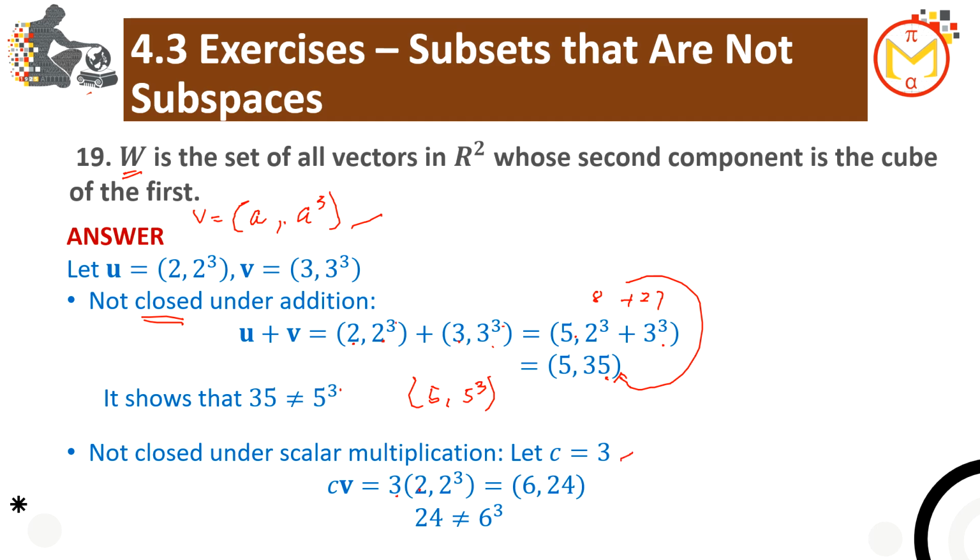You multiply by 6. 2 cube is 8 times 3, that's 24. If that will be 6, you should have the form 6, 6 cube. But this one, 24, is not 6 cube. So it does not hold. So both properties do not hold. So it is not a vector space.